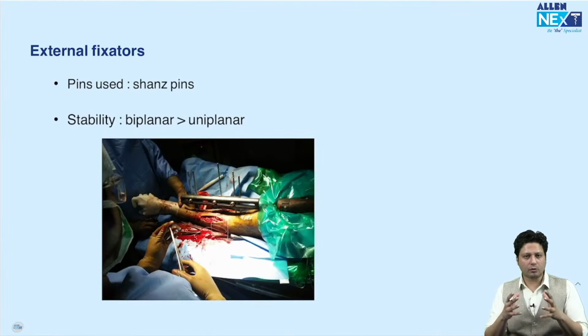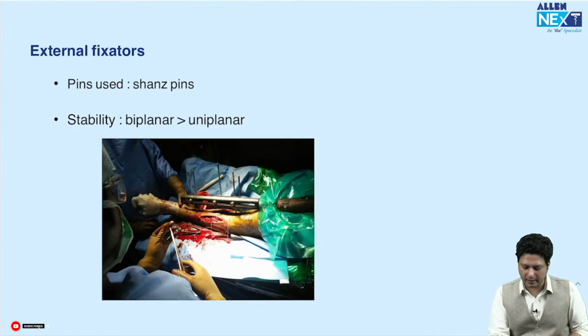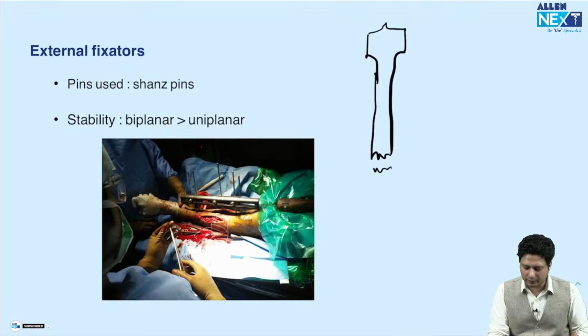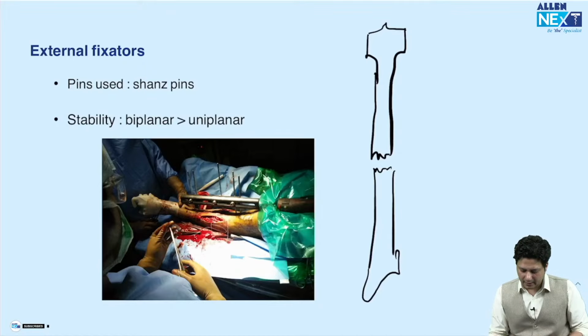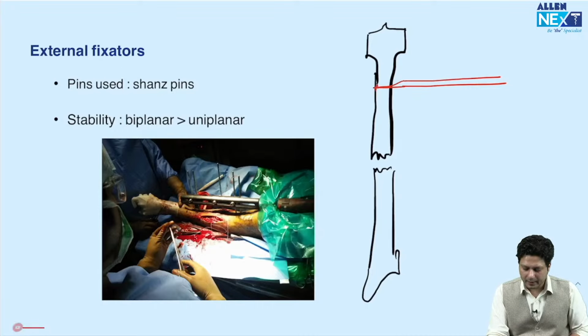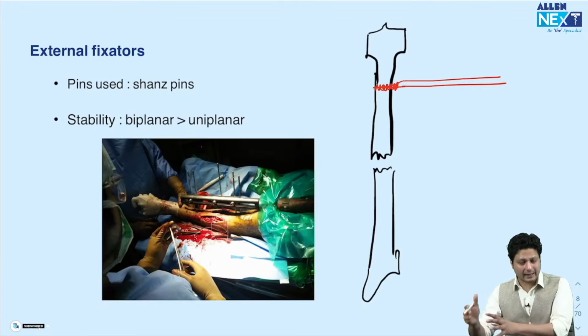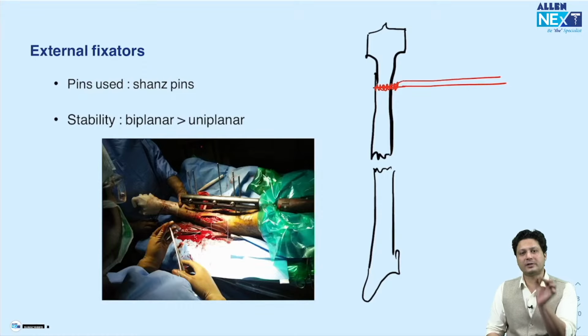You know, if you look at the external fixation device, what do you mean? Imagine this is a bone. All right, this is the tibia we are taking as the example, and there was a fracture in between, and this tibial bone has to be managed by placement of an external fixation device. Now, the pins which are used for the placement of this external fixation device have serrations at the end, and this pin is different from a Steinmann pin.